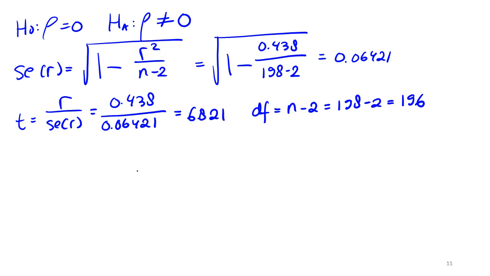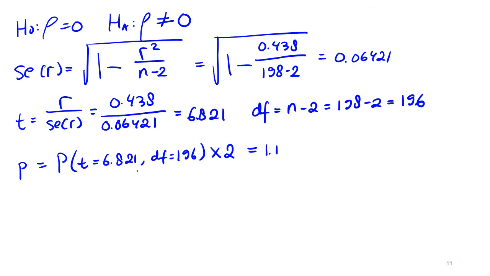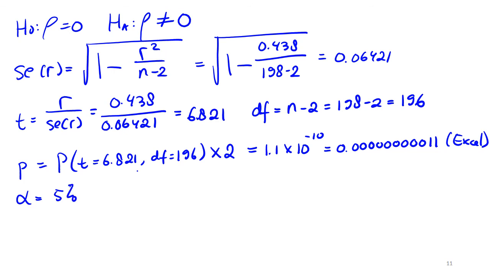This is a two-tailed test. So the p-value is calculated. If we use a 5% significance level, the p-value is less than 5%.